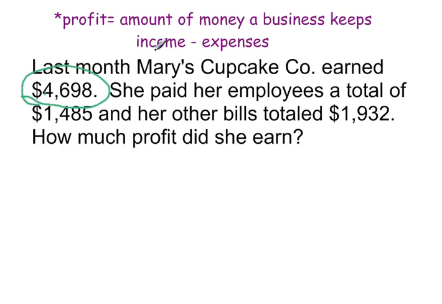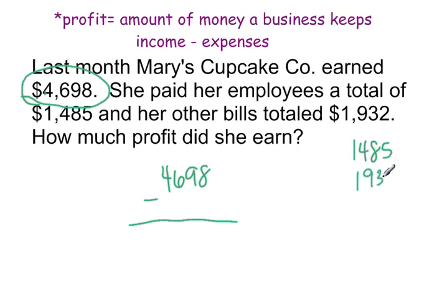So we need to find their income. Here's her income, 4,698. And we need to subtract all of her expenses. So her expenses last month were her employees. She paid $1,485 for her employees, and her other bills were $1,932. So I'm going to add these two things up so I can find her total expenses.